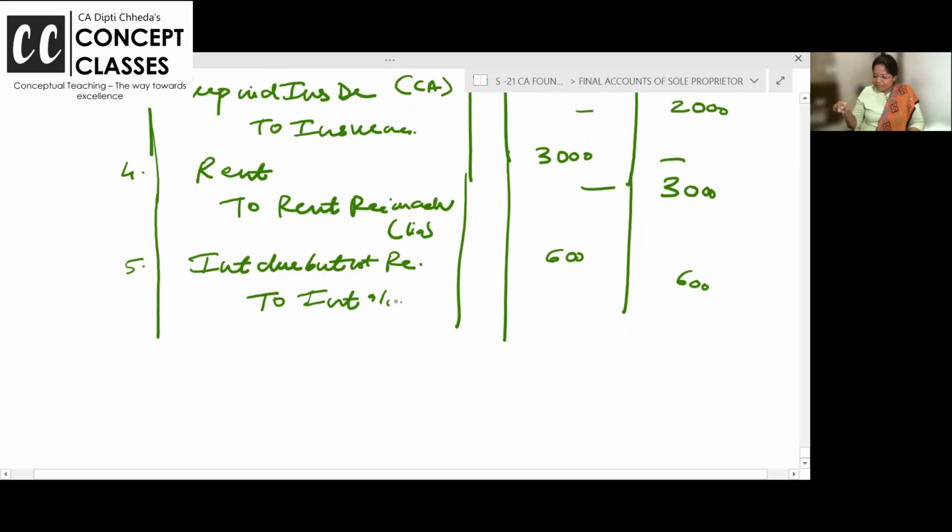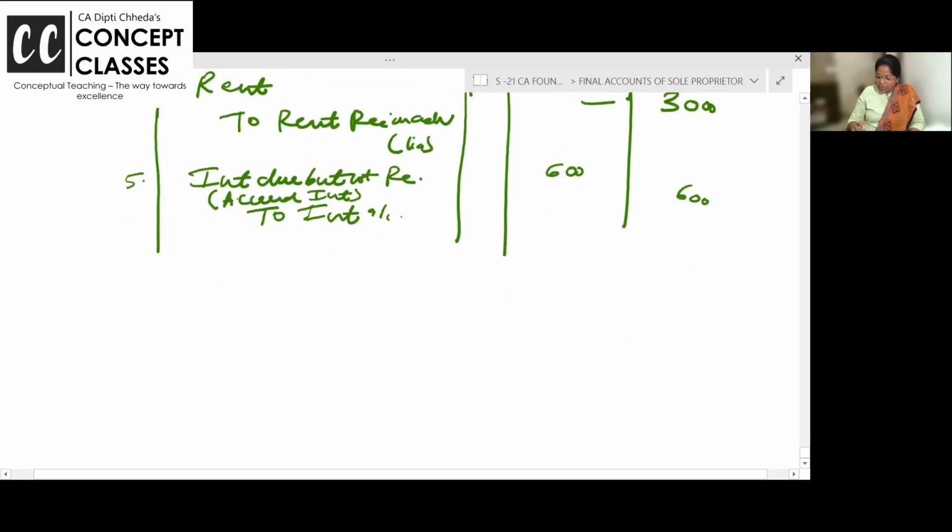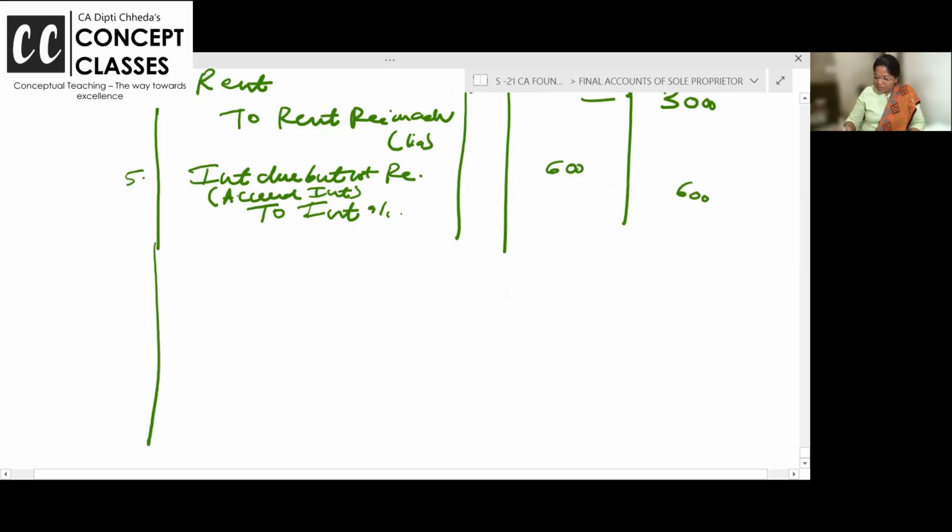Interest is income, and if this income is received, bank to interest, but if not received, then income due but not received debit, or you can write accrued interest also debit. Please write in bracket, an easier name you can write in exam. Accrued interest to interest.